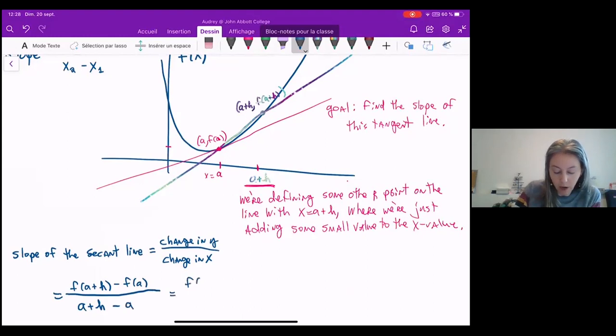So in other words, this becomes f of a plus h minus f of a divided by h.